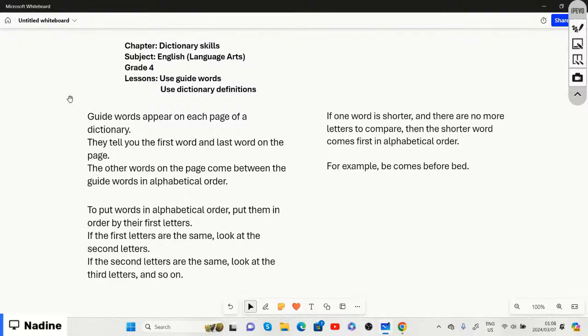And if the second letter is the same, we look at the next letter.